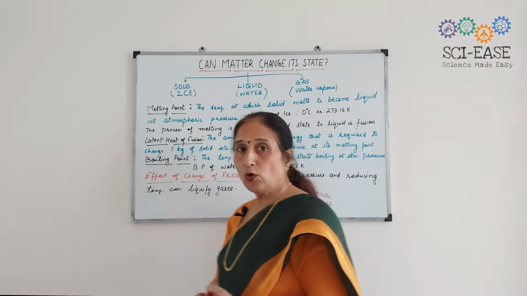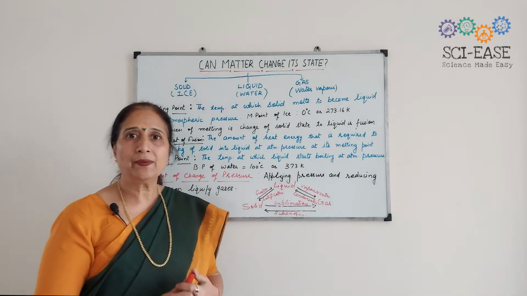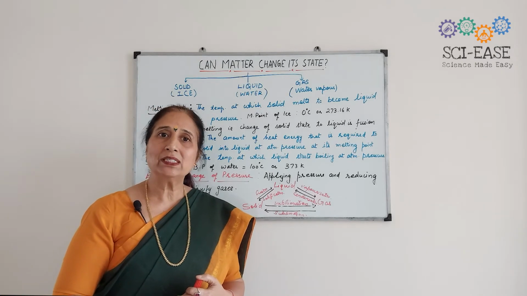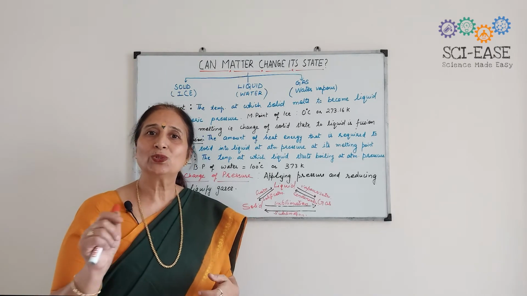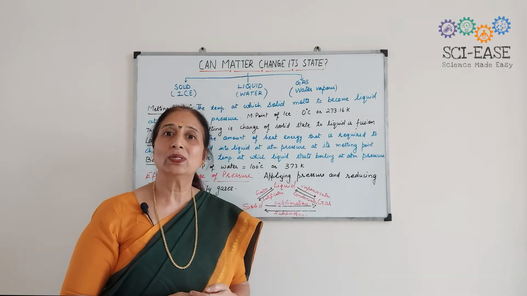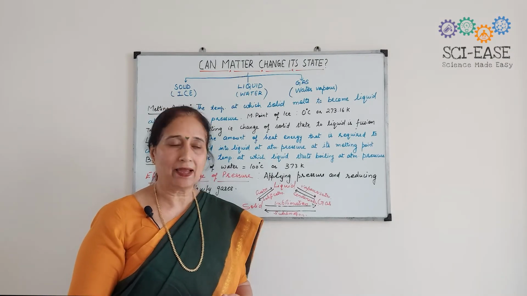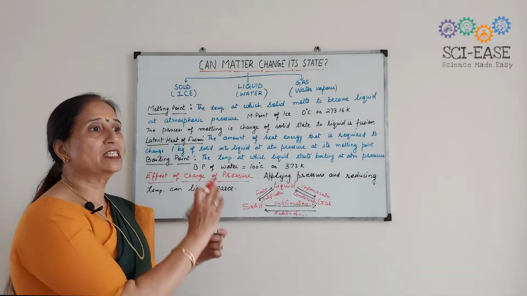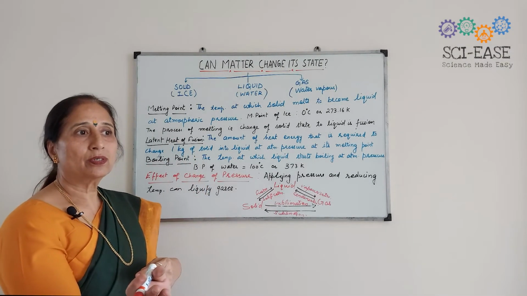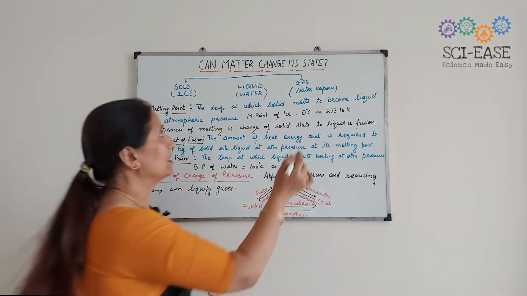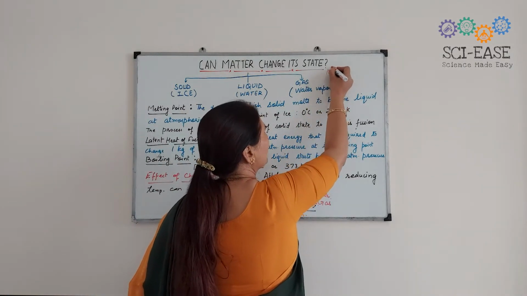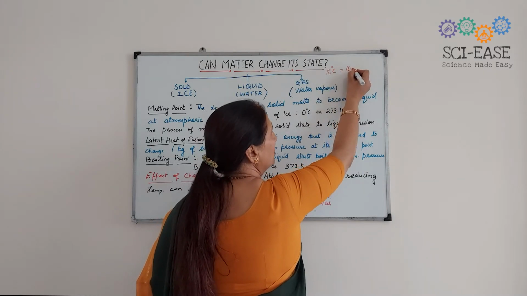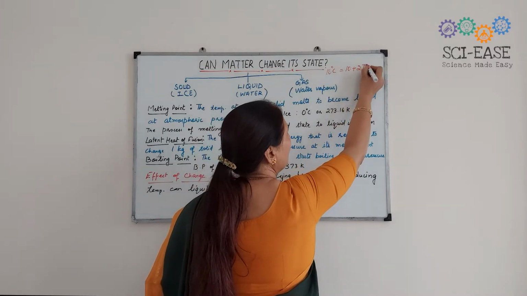And the boiling point of water, you must be knowing, is 100 degrees Celsius, and in the Kelvin scale, you are to add 273, that is equal to 373 K. So sometimes the question is there, convert this temperature from degrees Celsius into Kelvin. Suppose this is 10 degrees Celsius. You are to change it into Kelvin. So what you will do? 10 plus 273.